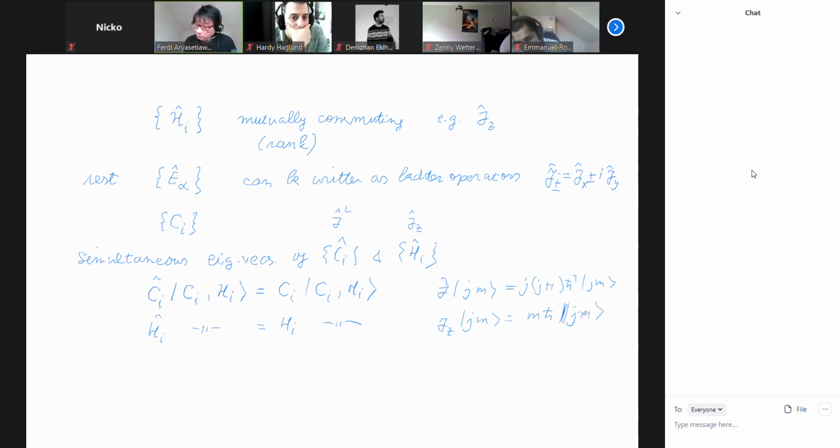So now we want to show that the rest of these operators, the rest of the generators, can be written as ladder operators. It's a general result that you can always write it like this.